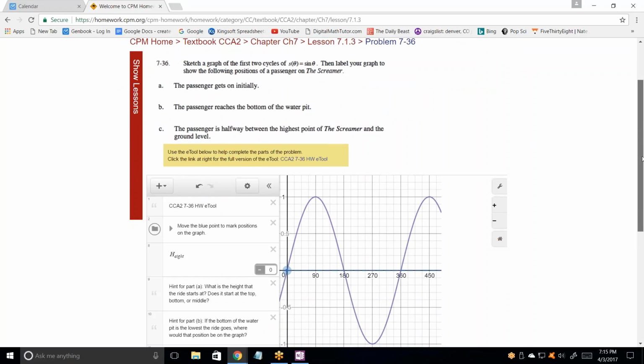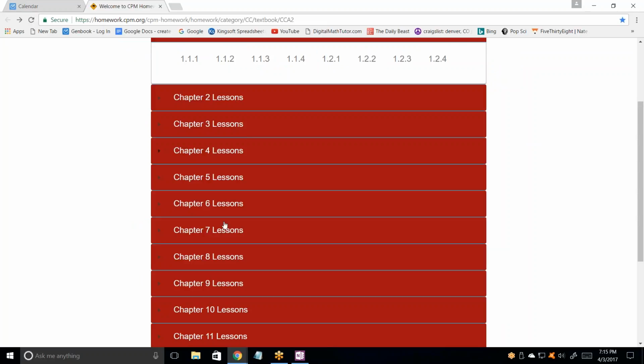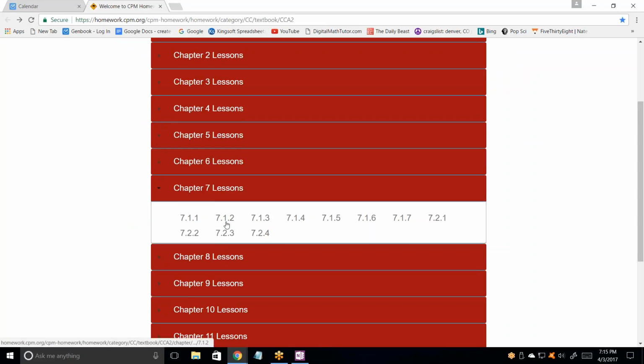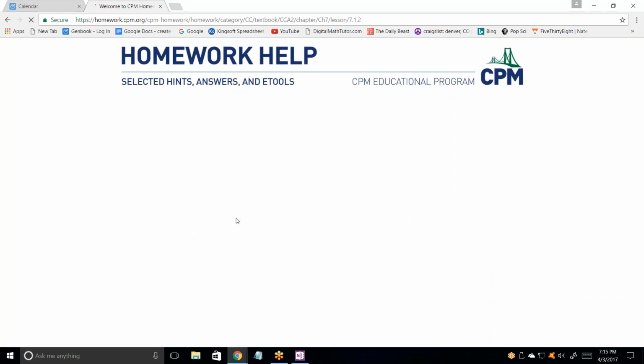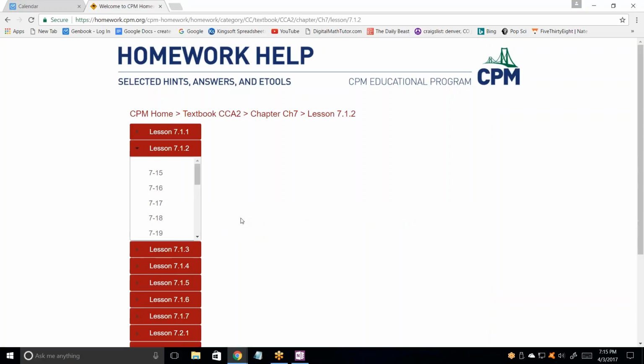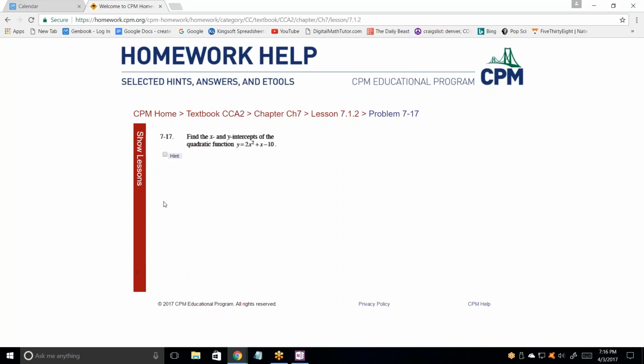Do I need to go back to it? Yeah, you go back to it. There are more problems in 7.2 that I didn't get to. Which one of these do I want to click on? The 7.1.2. And then 7.1.5? No. Did we do 7.1.5? Yeah, we are on 7.1.7. Okay. All right.